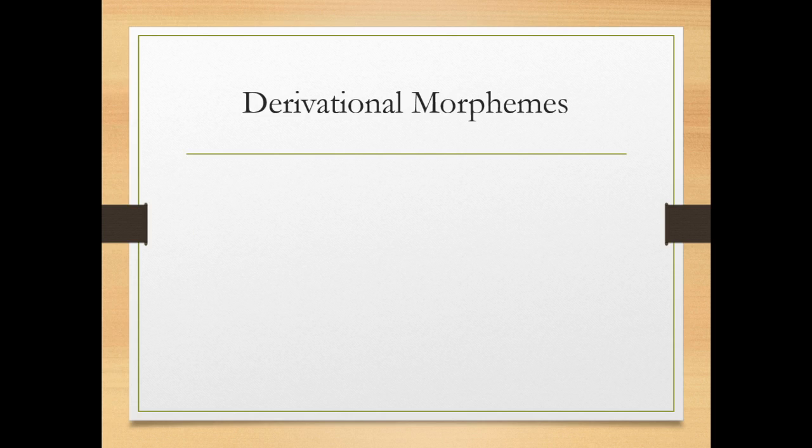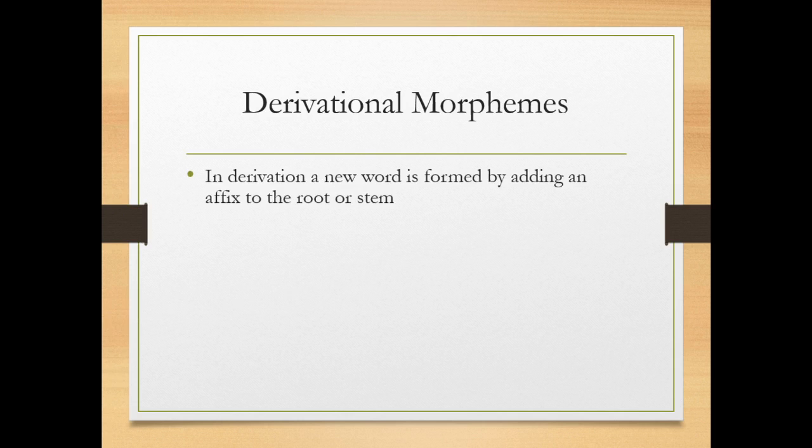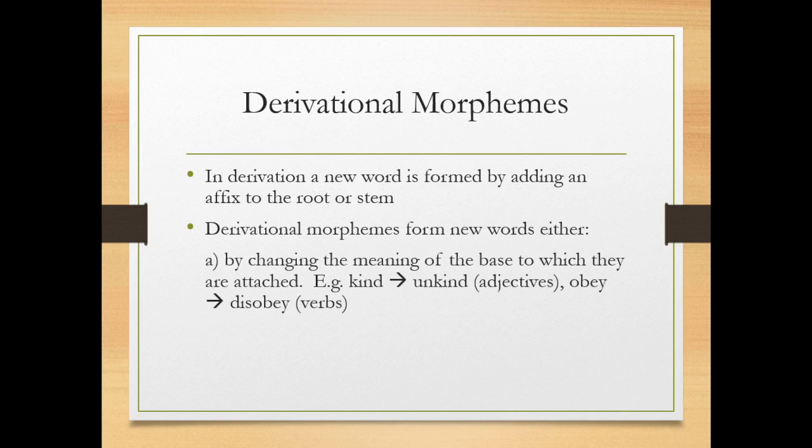Now, what is a derivational morpheme? In derivation, a new word is formed by adding an affix to the root or the stem. Derivational morphemes form new words either by changing the meaning of the base to which they are attached. For example, kind, unkind, obey, disobey. So they change the meaning.